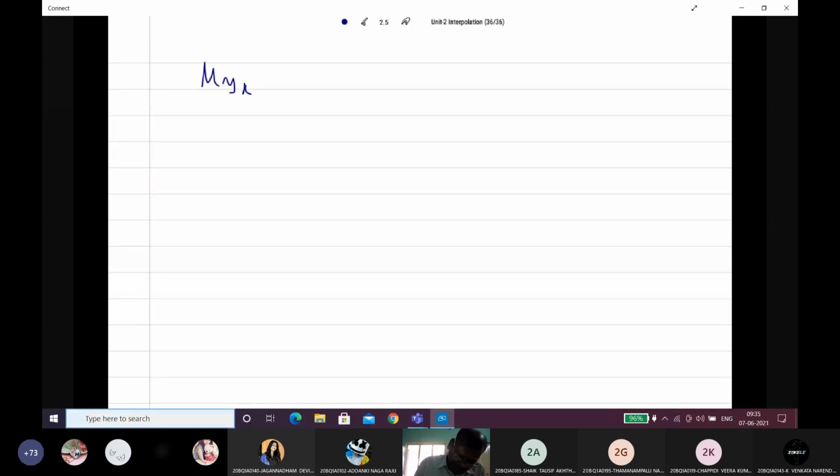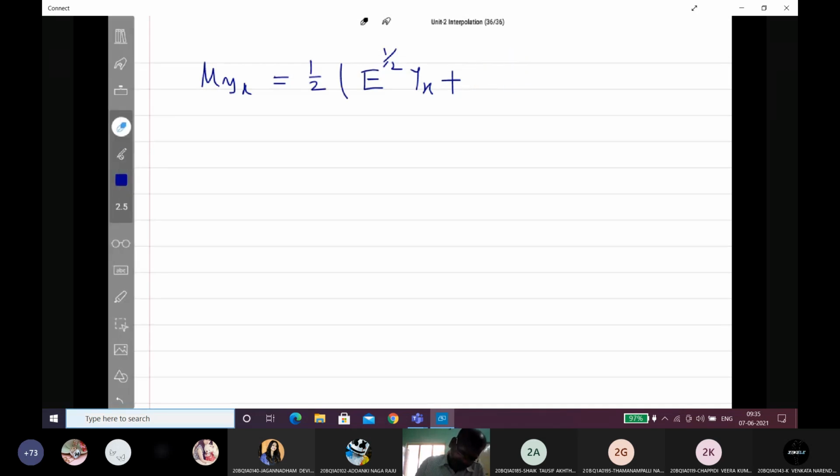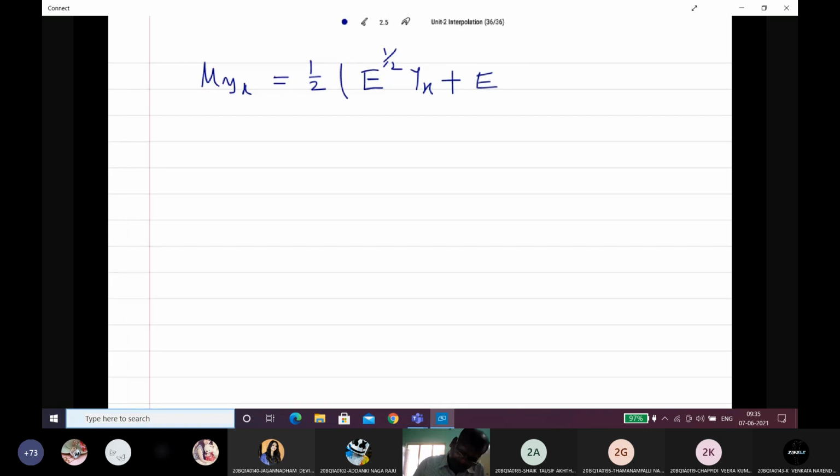Mu of yx is equal to 1/2 of E power 1/2 yx plus E power minus 1/2 yx. Now we take 1/2 of E power 1/2 plus E power minus 1/2 of yx.